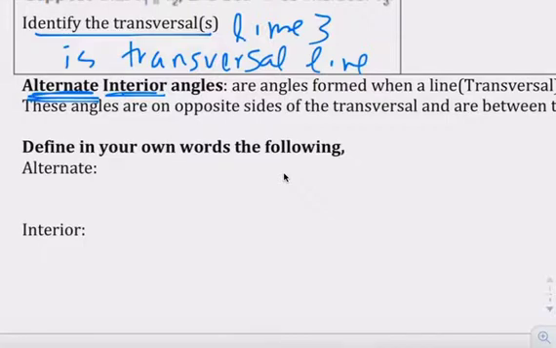Or put it another way, not the same side. It's every other side. Interior is inside. Alternate interior, every other inside. Okay?